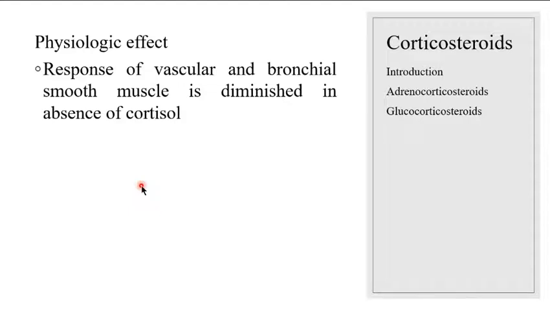This is a physiological effect. The other name for this effect is permissive effect. It seems that cortisol is responsible for giving permission to the vascular muscles as well as to the bronchial muscles to relax.